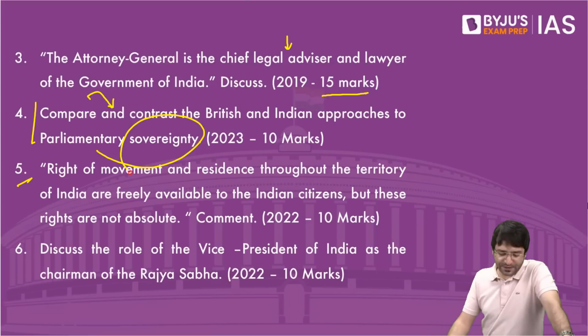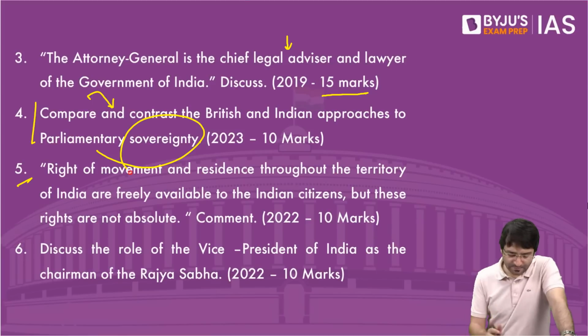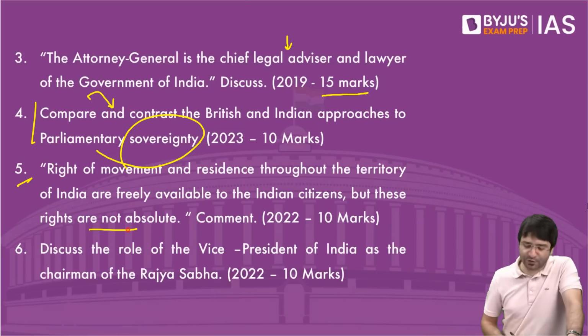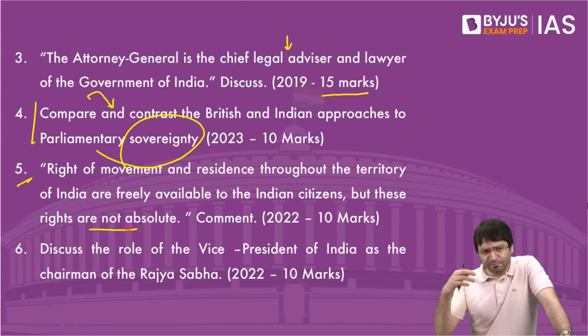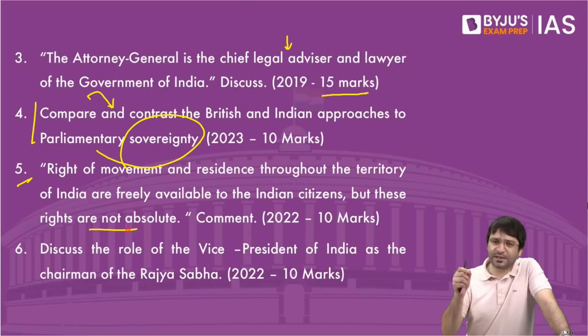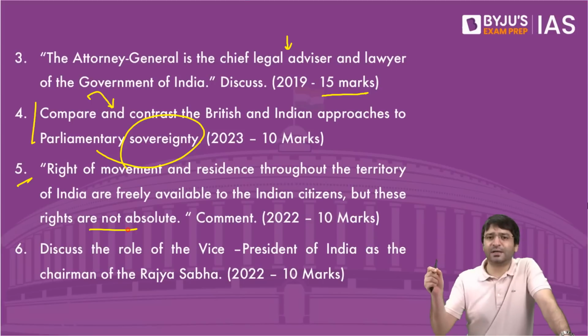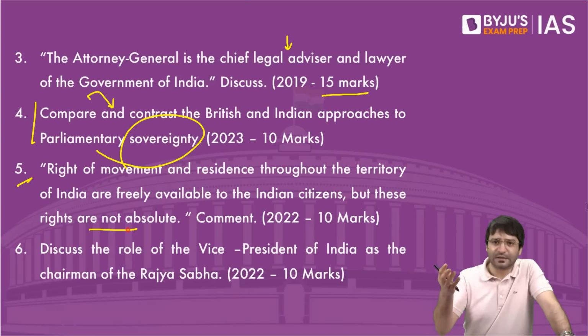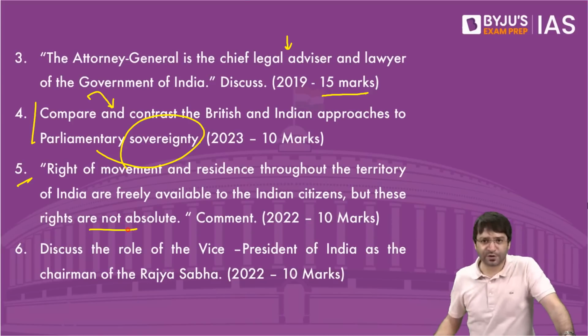Rights of India are freely available to the Indian citizens, but these rights are not absolute. Mention the articles. If you can remember, that will add weight to your answers. Article 19(1)(d) and 19(1)(e) of the Constitution. Try to implement the lofty goals of fraternity that are mentioned in the preamble of the Indian Constitution.